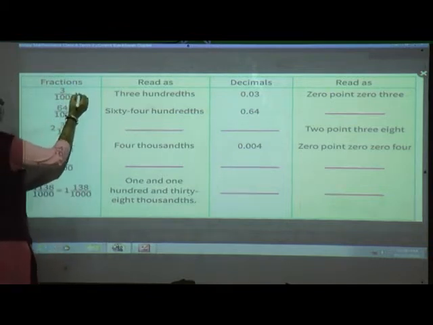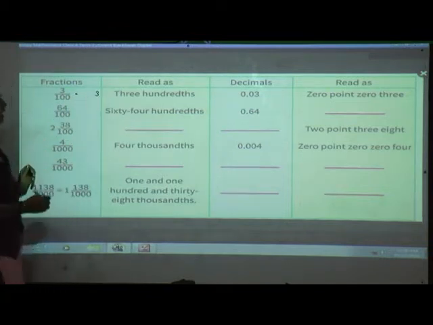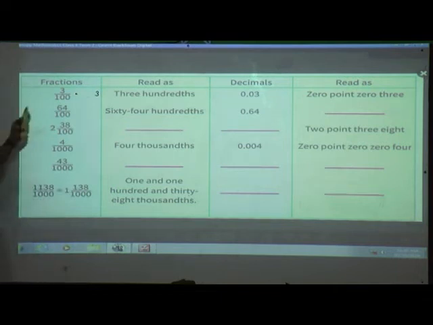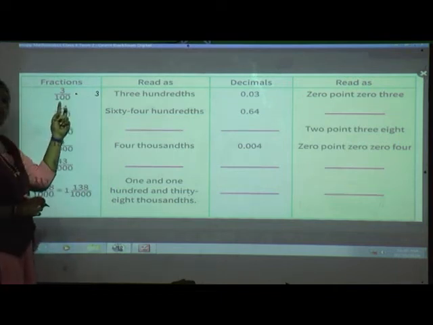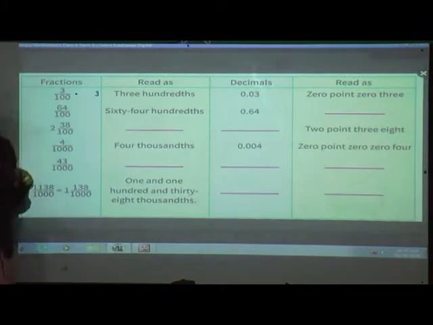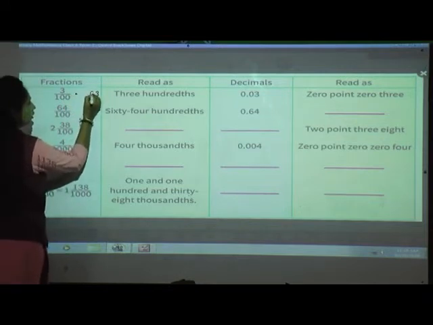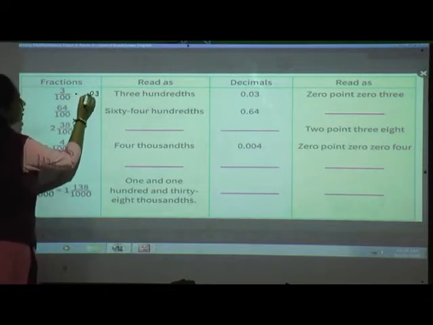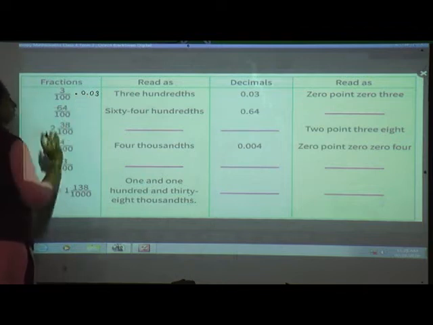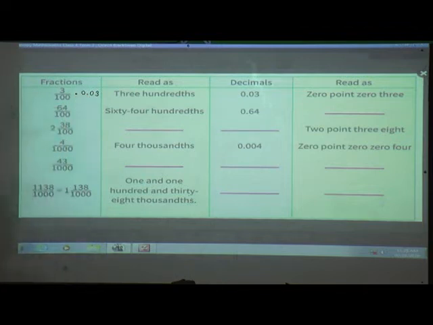See students, I would like to tell you how 3 upon 100 is converted into decimal. Write the numerator as it is, 3. Then after 1, how many zeros are there? 2 zeros. So you have to give the decimal point after 2 digits, 1 digit, 2 digits, then give the decimal point. Then after that just place one 0. Are you getting?